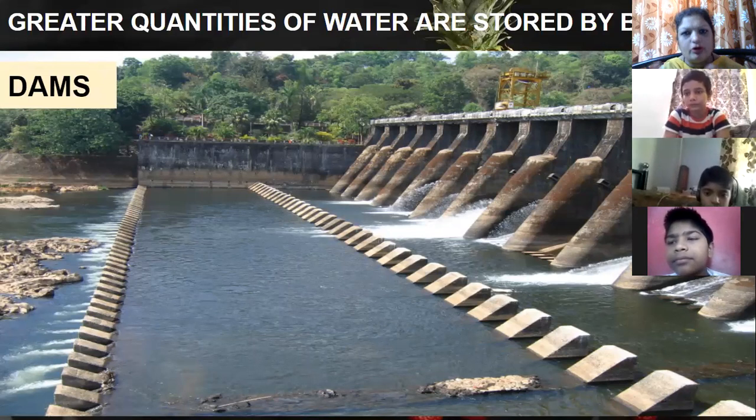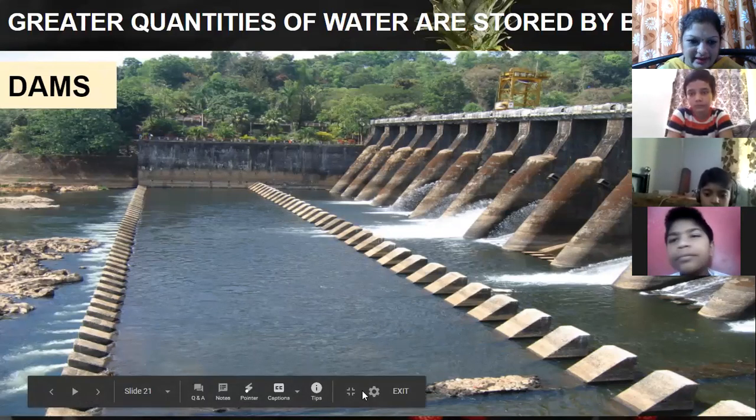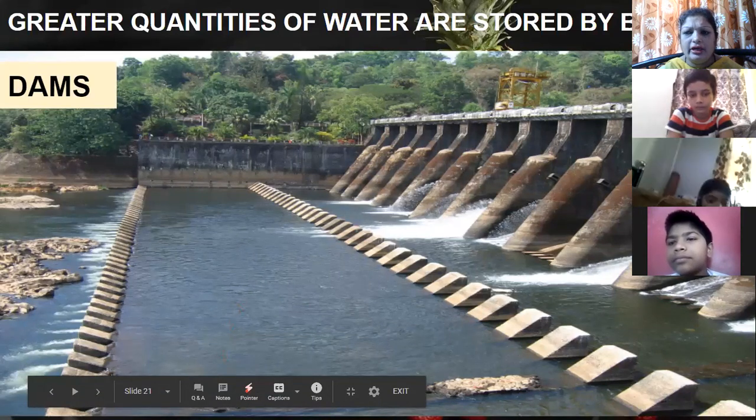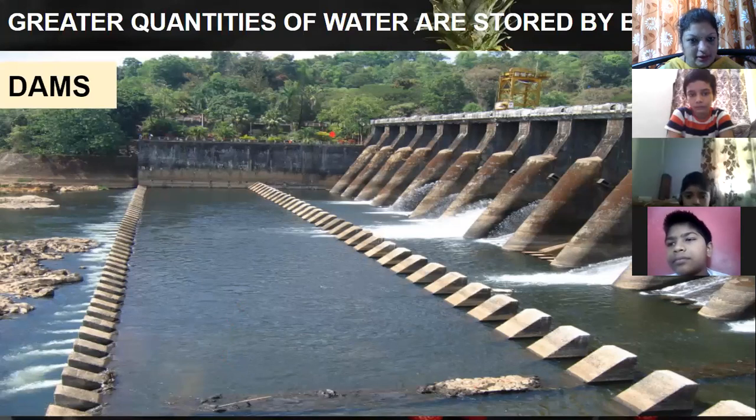So that rainwater is collected in the dams. And this rainwater is not only used for the production of crops, but it is also used for drinking purposes. Purification is made and then it is used for drinking.